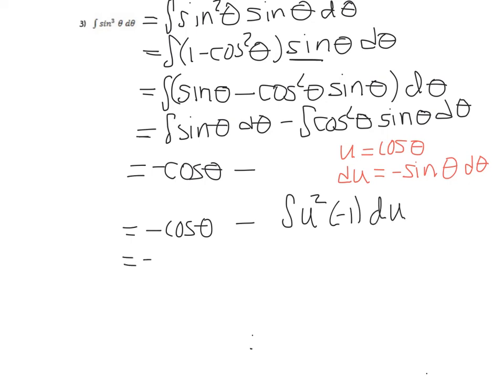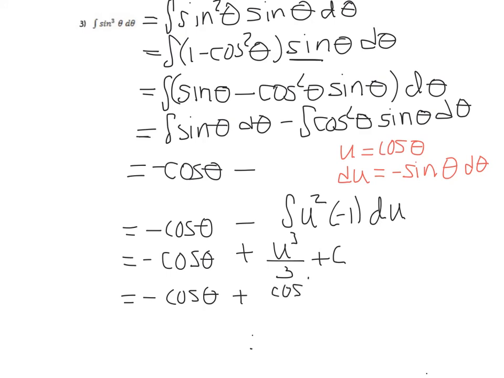Then we have negative cosine of theta plus u cubed over 3 plus the constant. Now we do the substitution. Negative cosine of theta plus cosine cubed of theta over 3 plus the constant.